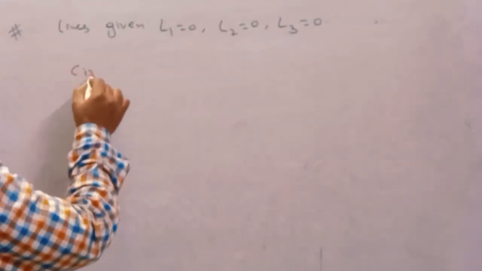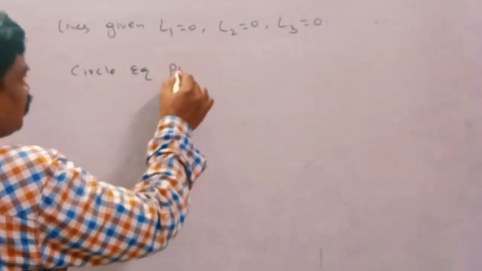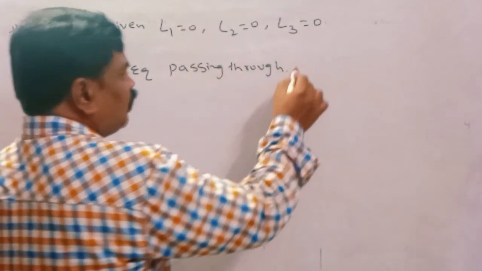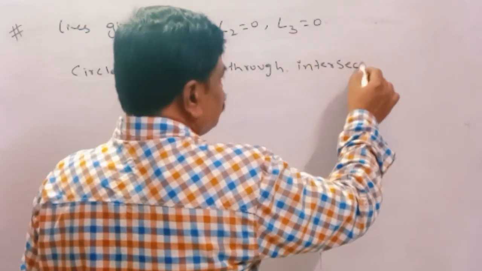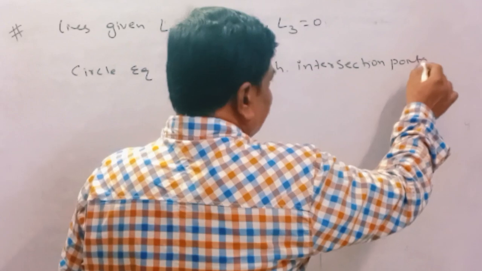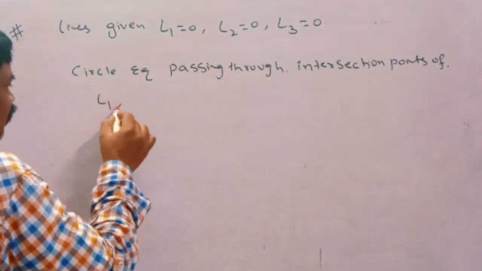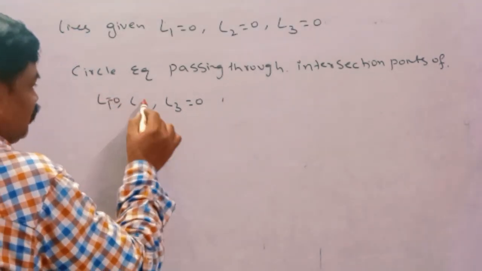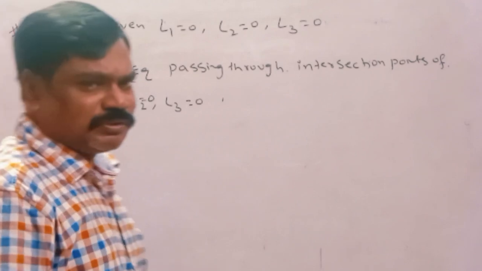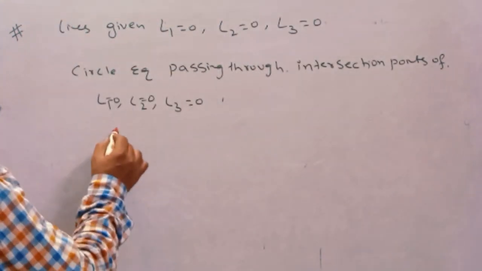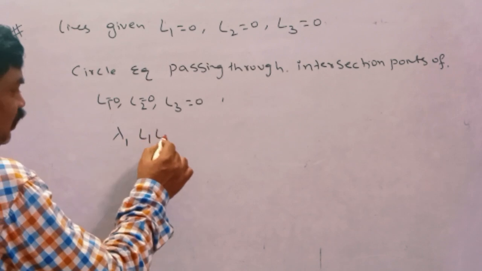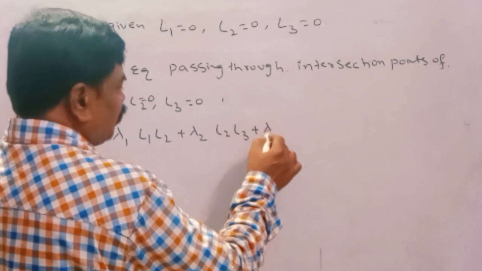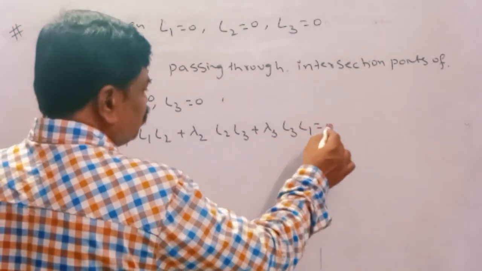Then the circle equation passing through the intersection points of L1, L2, L3 is lambda 1 of L1 L2 plus lambda 2 of L2 L3 plus lambda 3 of L3 L1 equal to 0.